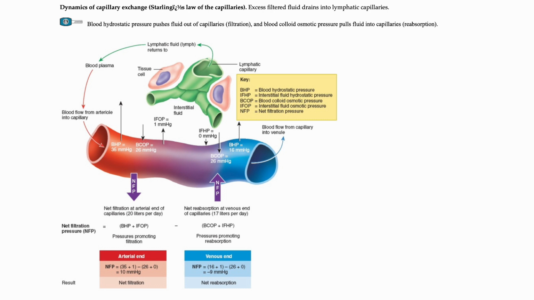This results in an imbalance of forces favoring blood colloid osmotic pressure, which pulls or reabsorbs water back into the capillary. The reabsorbed fluid at the venous end almost equals the amount filtered at the arterial end, and the net loss of fluid in capillaries is quite small.